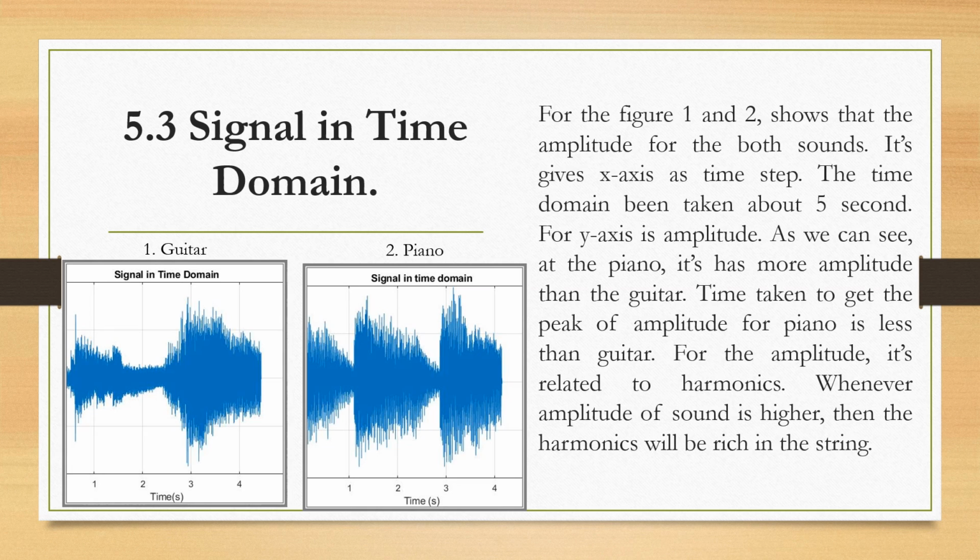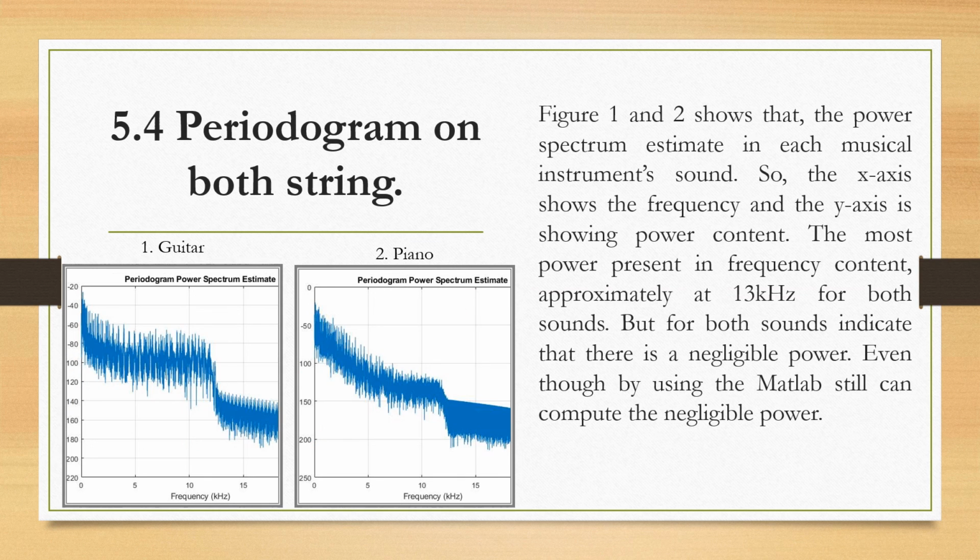The y-axis is amplitude. The peak amplitude for piano is less than guitar, and the amplitude is related to harmonics. Whenever the amplitude of the sound is higher, there will be more harmonics in the string.